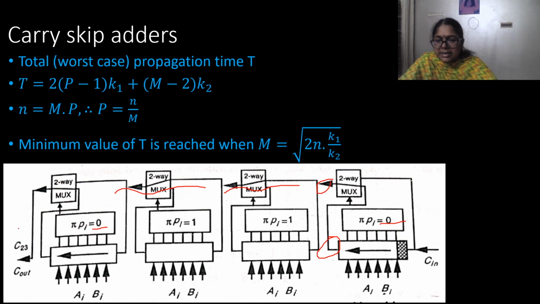Similarly, the last block works the same way, because its block propagation signal is 0. Thus, T is equal to (2P minus 1) into K1.